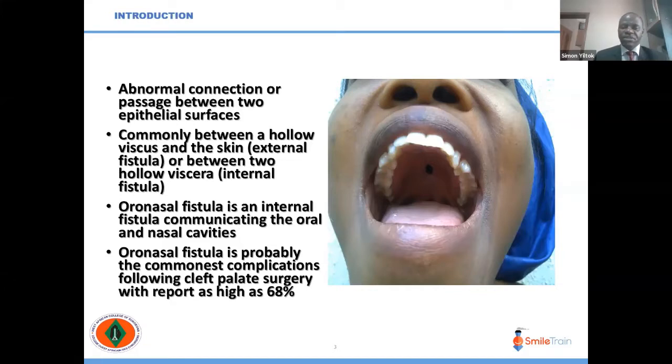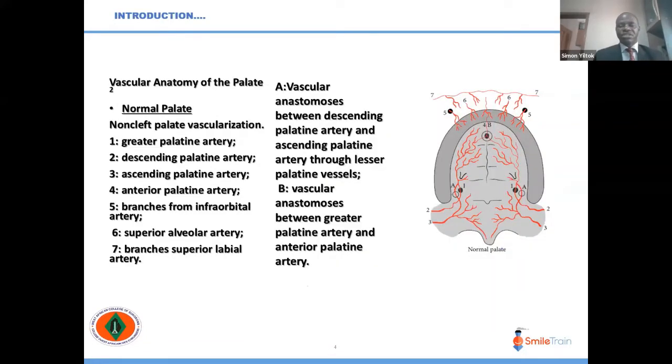Oronasal fistula probably is the commonest complication following cleft palate surgery, with a reported incidence as high as 68%. For us to appreciate oronasal fistula in terms of etiology, the vascular anatomy needs to be appreciated, because once blood supply is cut off from a particular tissue, necrosis results, and that area becomes dead and sloughs off.